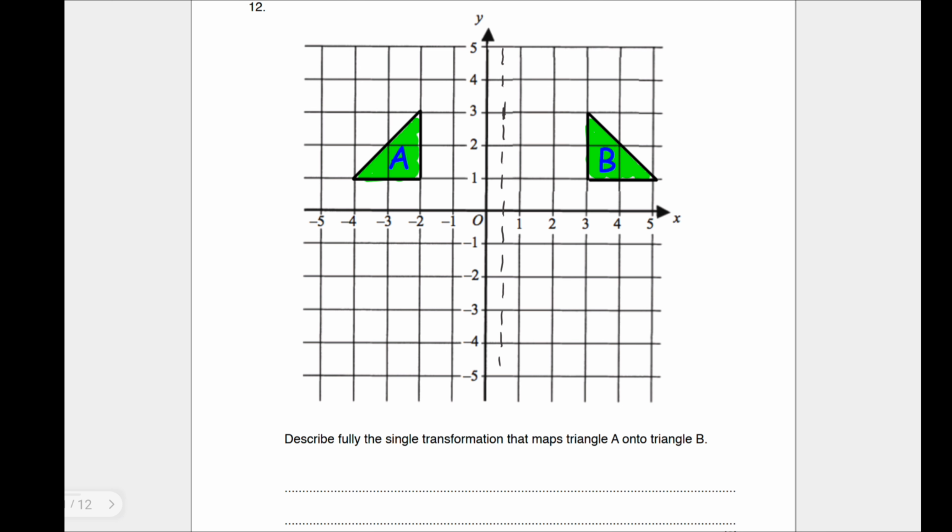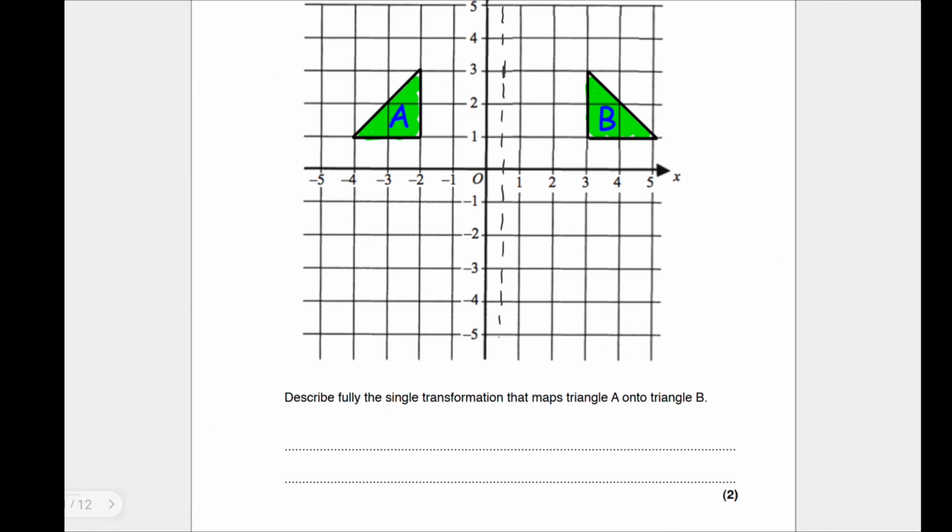So the line of reflection is the line x equals half.